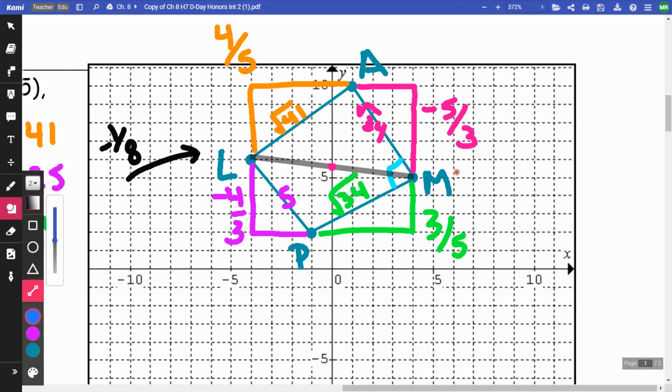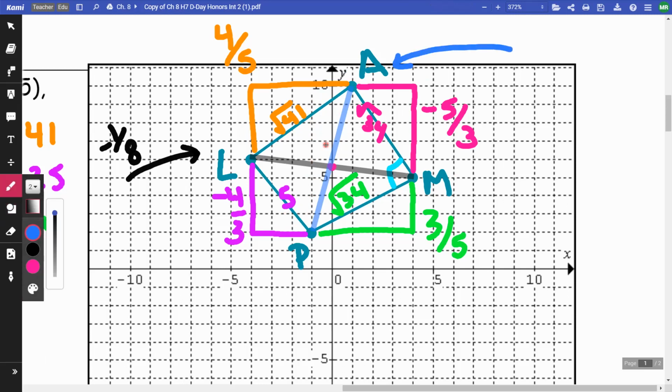And so I'm going from here to here. And the slope of this, I'm going to be going up 1, 2, 3, 4, 5, 6, 7, 8 over 2. Up 8 over 2. So that slope for that blue line is going to be positive 8 over 2 or 4.